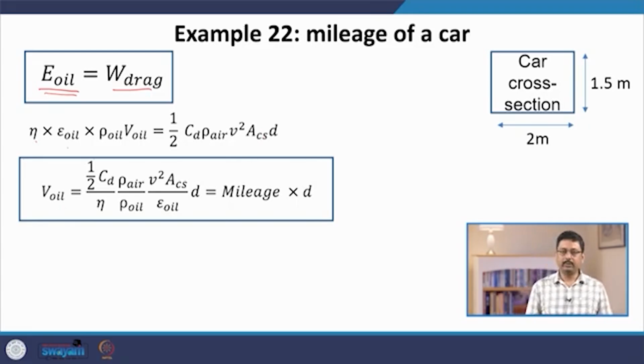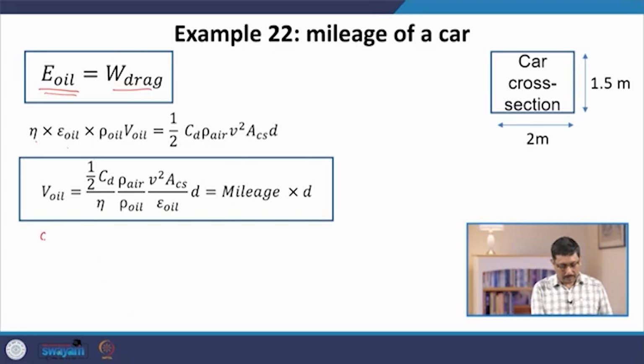Now, let us put some numbers. I have arranged this expression by grouping the similar terms together. First there are the constants: one is the drag coefficient and the second is the engine efficiency.